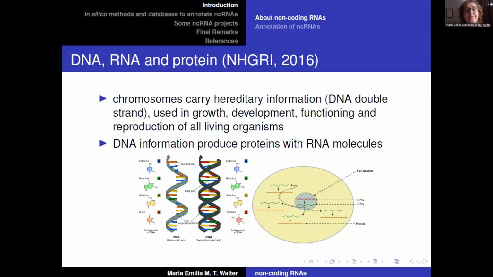This DNA information produces proteins, and you can see in the figure on your right, portions of the DNA carry information that is extracted by a molecule of RNA, and this molecule together with other specific molecules are used to produce proteins.